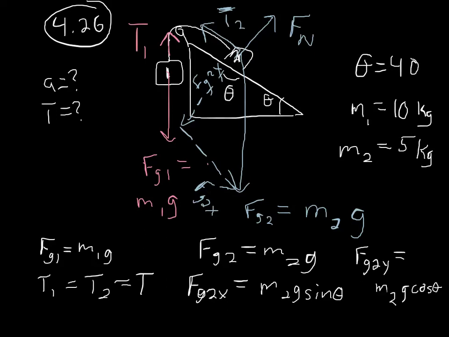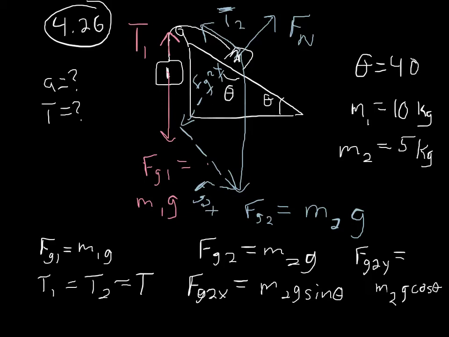So, we know every single force that's acting on this now, right? It's a big fat mess, but we know all the forces. So what we can do, once we know all the forces acting on any box, for box number 1, right here, in the direction of sliding. So sliding direction is going to be up and down the incline, and then up and down vertically. So box number 1, which forces are acting in the sliding direction? FG1 and T1.